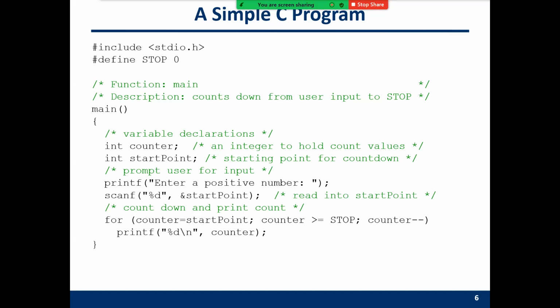Your program will always start from there. And you can also write comments here.